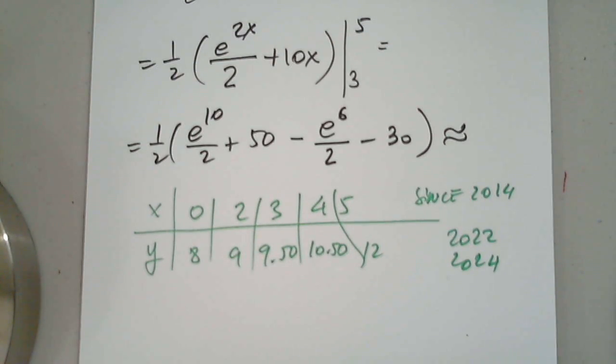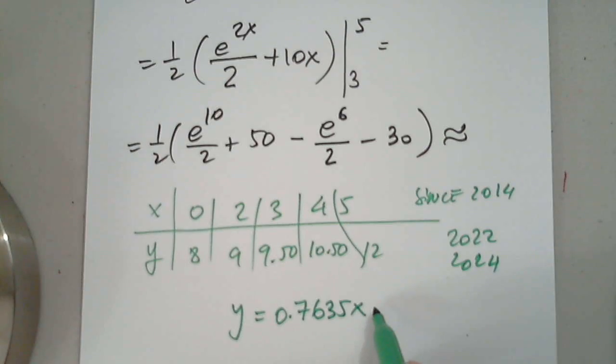The slope is 0.7635, and the y-intercept is 7.6622. So I'm going to write now y equals 0.7635x plus 7.6622. You do not need the correlation coefficient or the coefficient of determination. You only need A and B.